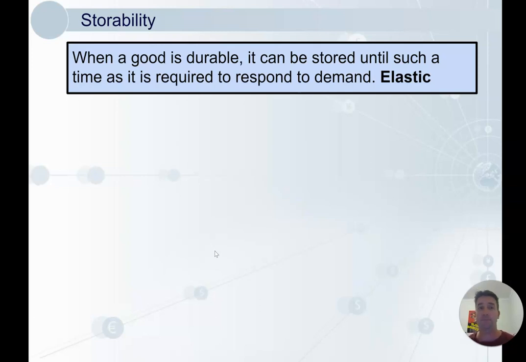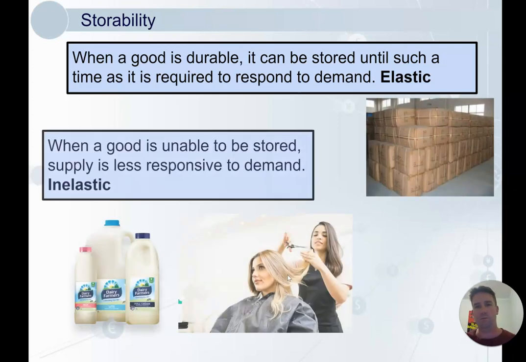Okay, storability. When a good is durable, it can be stored until such a time as it is required to respond to demand. So we've got elastic supply there. So, for example, most manufactured goods, right? Especially if they're small, it doesn't cost much to store them.